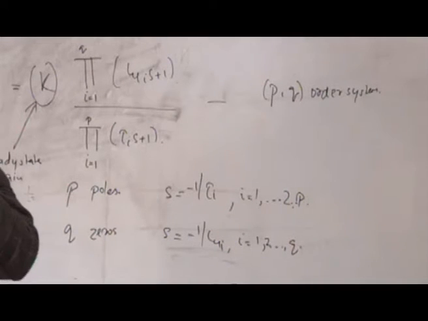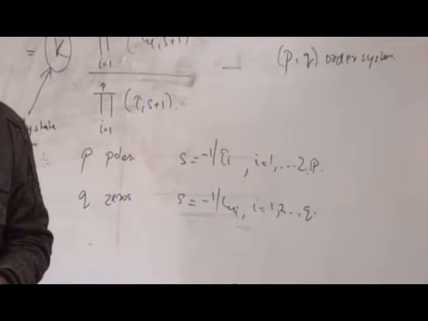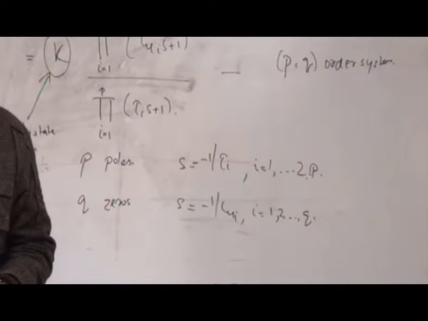So the transfer function which is displayed on the slides, since it has two poles and one zero, is also called a 2, 1 order system.